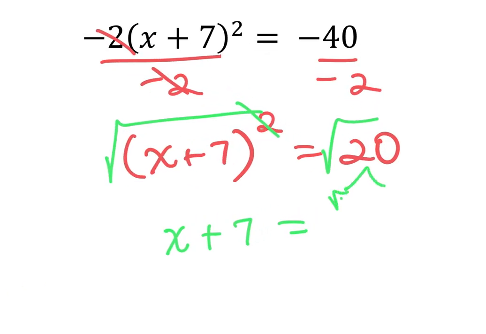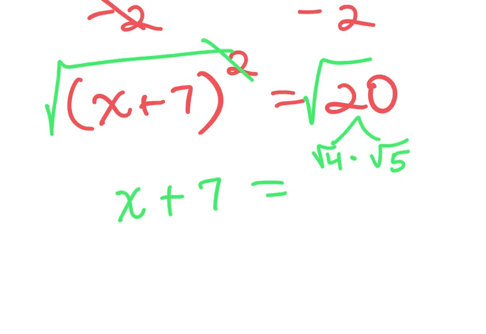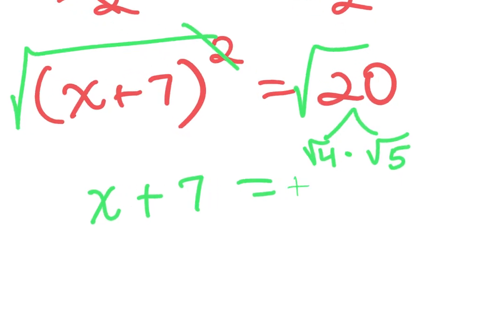So we can break this down into the square root of 4 times the square root of 5. Now that we have the perfect square, take the square root of it, which is 2. So this becomes plus or minus 2, and then that leftover square root of 5.